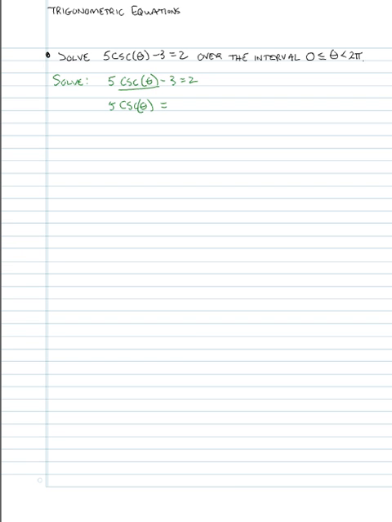And of course, 3 plus 2 is certainly 5. And so we end up with 5 times cosecant of theta is equal to 5. Now we'll divide out the 5 on the left side. Whoops, my bad. Cosecant of theta is equal to 5 divided by 5. And so we end up with cosecant of theta is equal to 1.